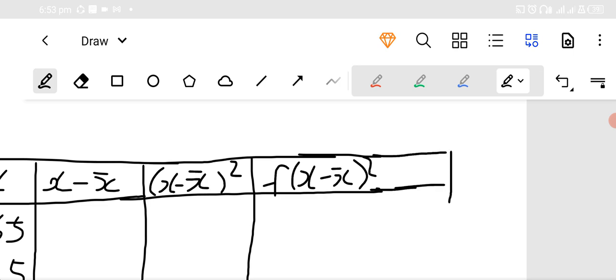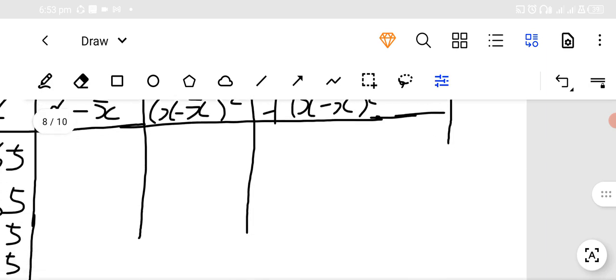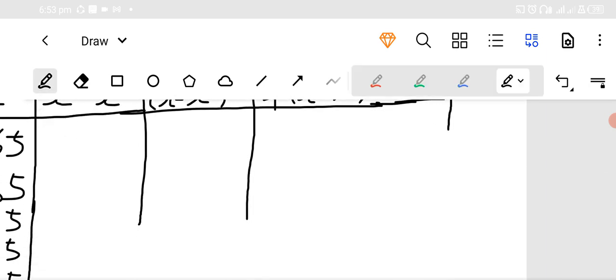So let's make this column big. I believe these will be big numbers. Extending them like that.